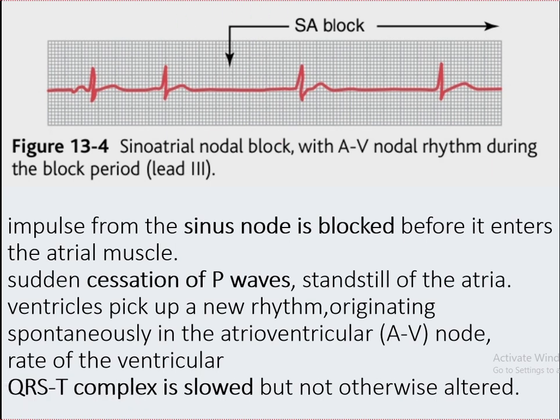It is only the ventricles that will be showing electrical activity. So the QRS complexes will be normal, but the P waves will be absent and the heart rate will be slow, because the AV node and bundle of His generate impulses at a slow rate. So the main sign of a sinoatrial node block is absence of the P waves.